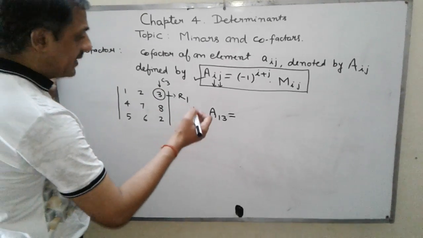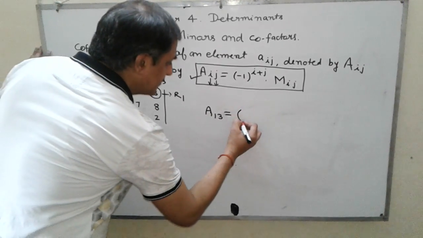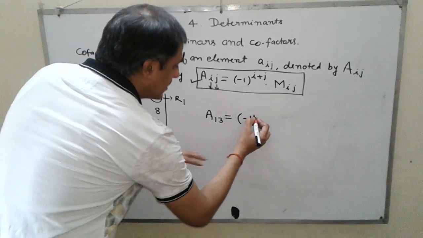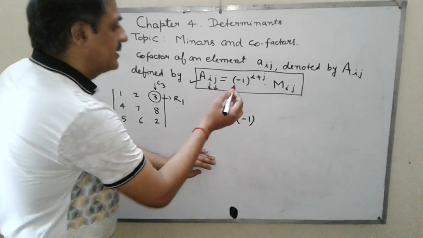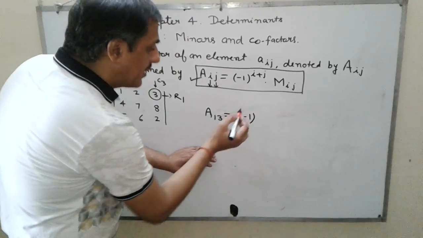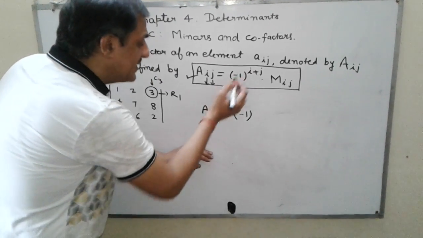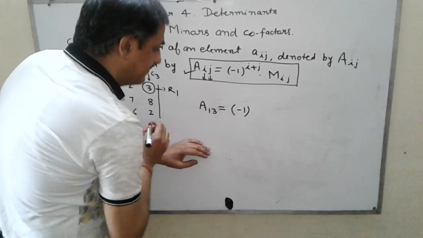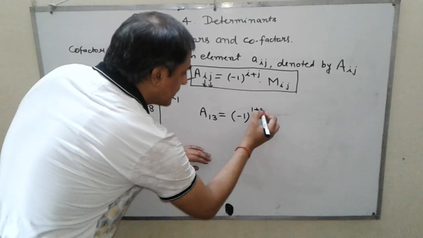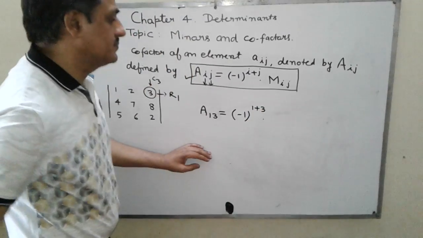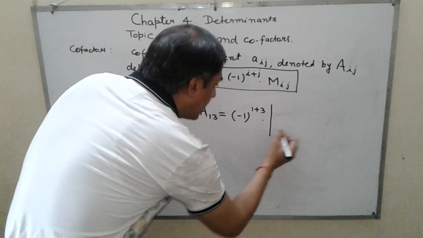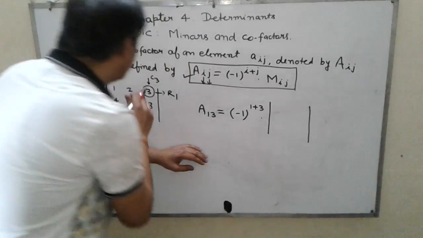So how can we find the cofactor of 3, A13, because this is the first row and third column? The value of A13 is equal to minus 1 to the power i plus j. Here the value of i is 1 and the value of j is 3. So the sum of 1 and 3, into the minor of this element.